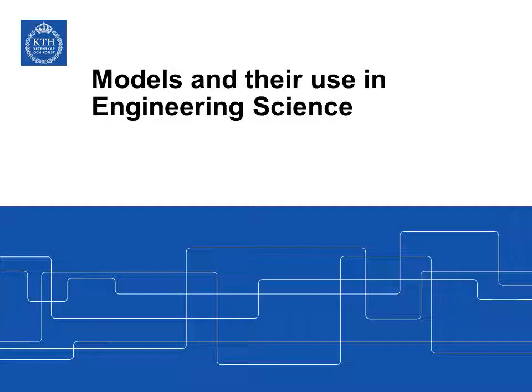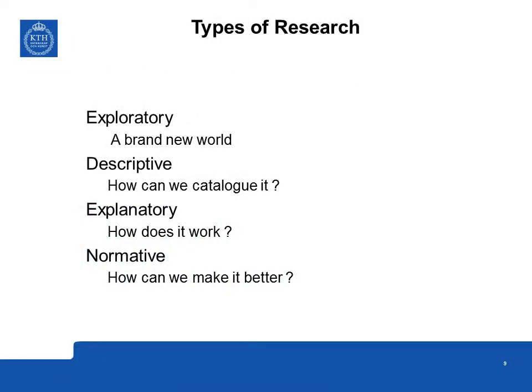So now let us go to the first section, where we're going to discuss models and their use in engineering sciences. Before we go into models, let's look a little bit at what types of research there are. Research comes in a number of flavors, depending on the complexity and the detail with which we study reality. We can start with exploratory research.